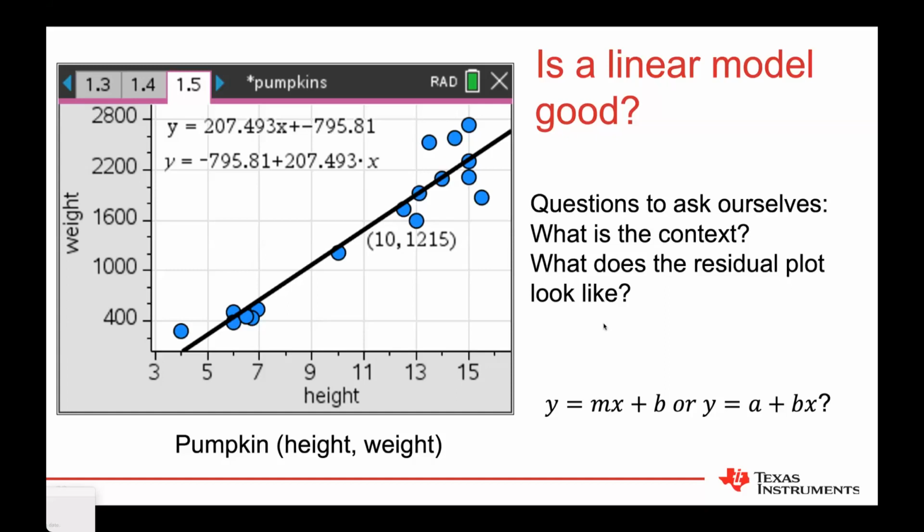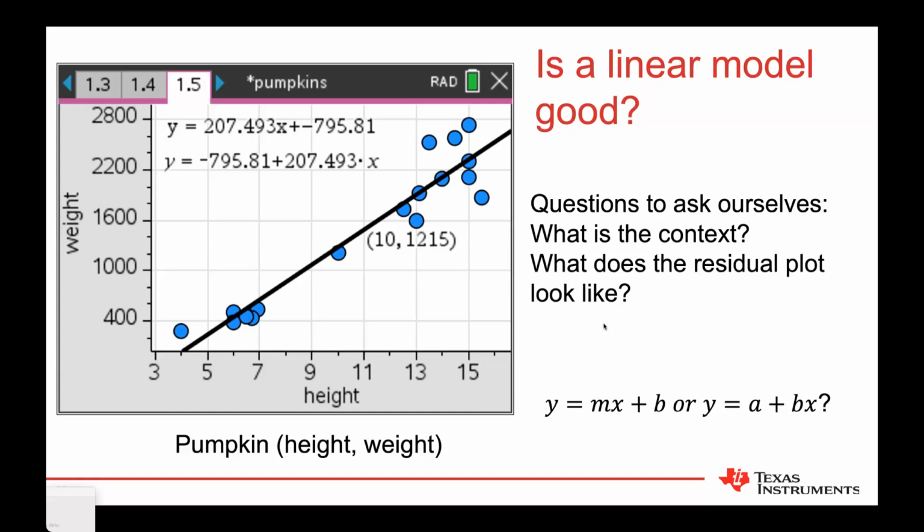The teachers had a fit because they said you can't have b represent the slope; the slope is always represented by m. So from that day to now, all of the Nspires and 84s have both of those linear regressions. There's no difference. They're just the order.